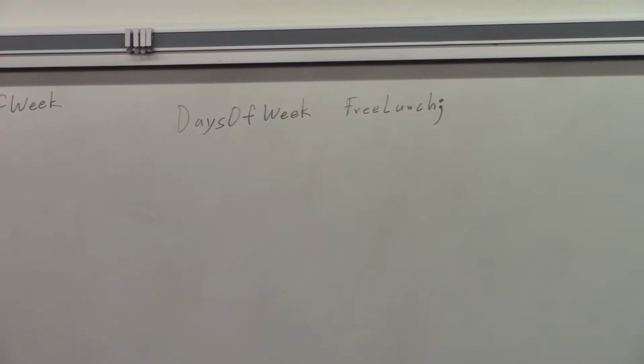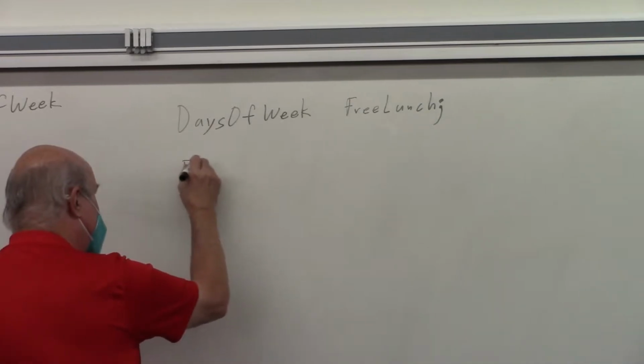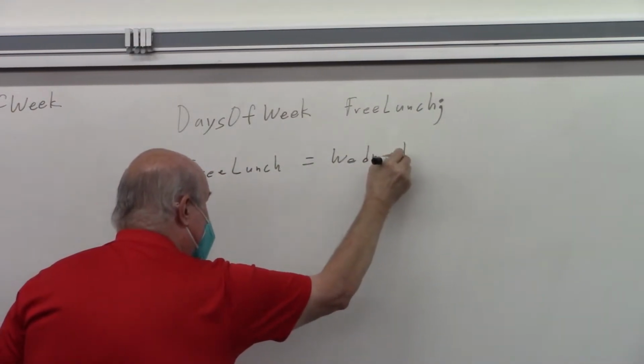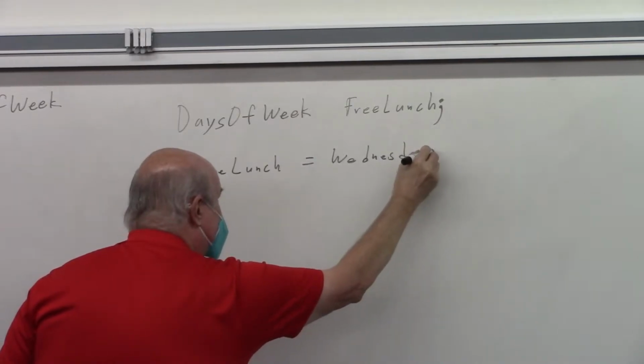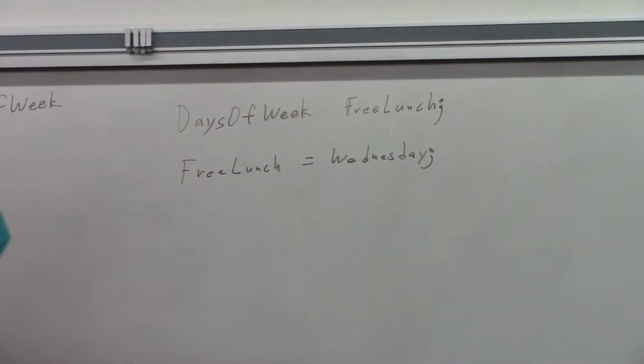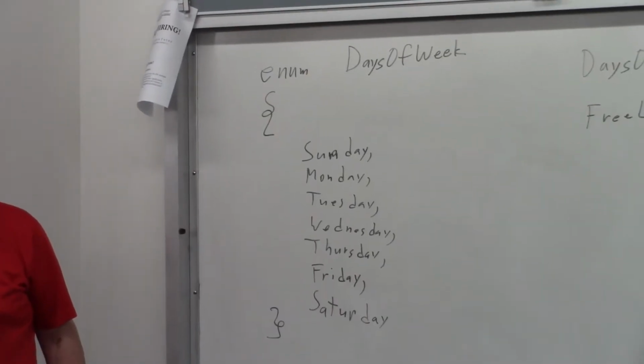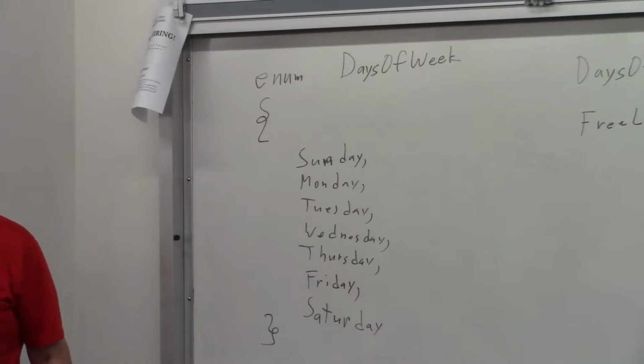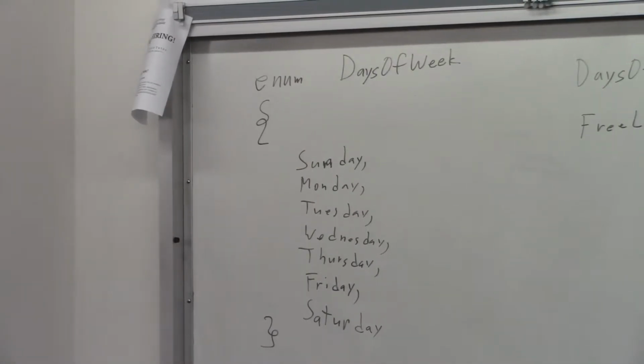So you declared a variable, and just like any other variable, you can assign it a value that is relevant and correct for that type. The only relevant values for this type are what is in the list. Do you need to put enum before days of week when you're declaring it? Nope.